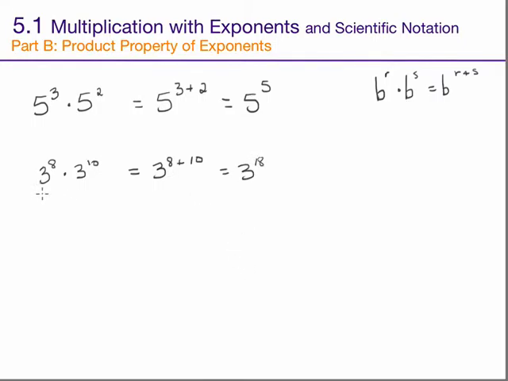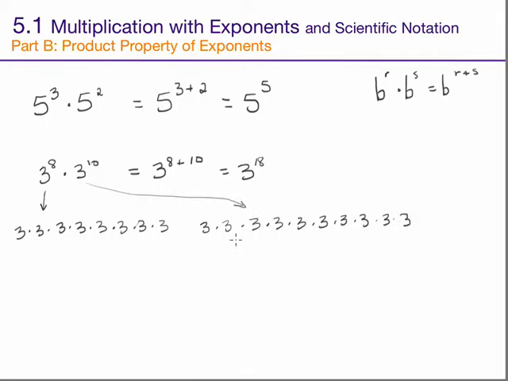If I had to write this all out, I would get 3 times itself 8 times from this piece. From this piece, I would get 3 times itself 10 times. But I'm supposed to be multiplying this by this.